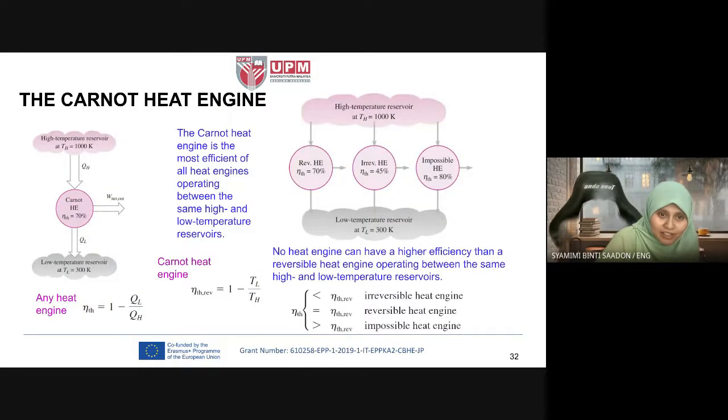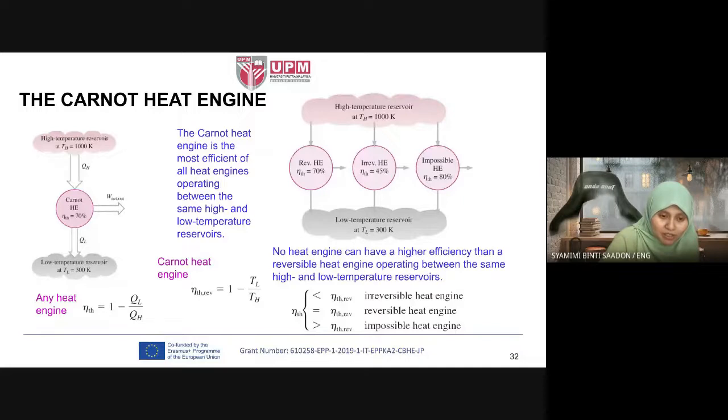Like this, the Carnot heat engine. Previously, from the first part of the chapter, we saw that for any heat engine, the thermal efficiency is 1 minus QL over QH, the heat rejected to the lower temperature reservoir over the heat from the higher temperature reservoir.